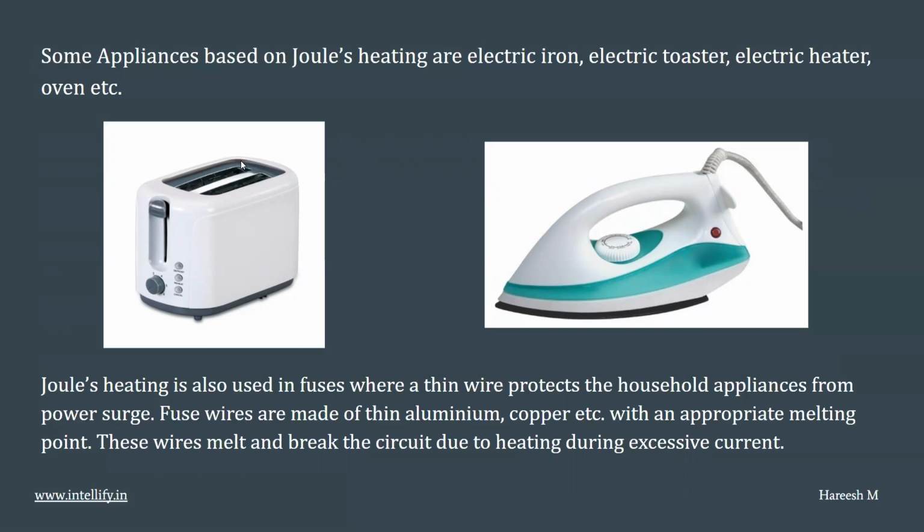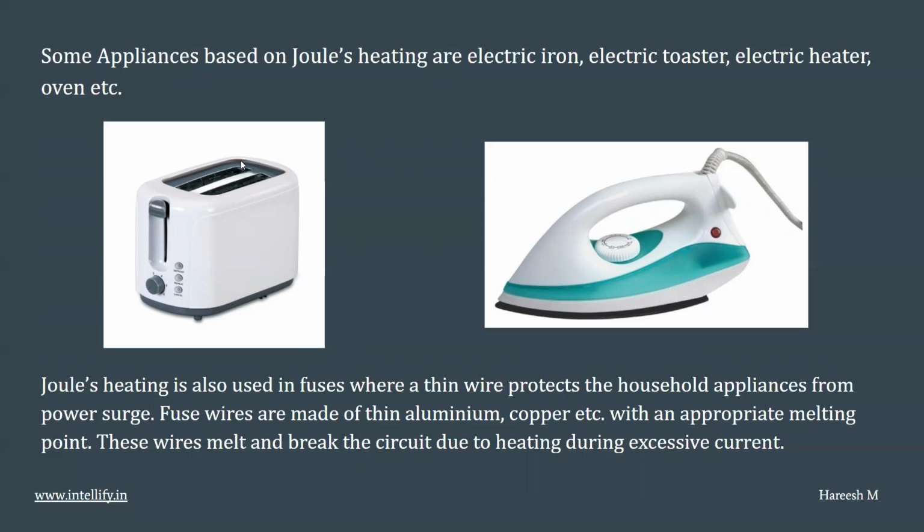When there is a higher amount of electric current in the wire than required, it will dissipate more heat, and due to this heat our fuse will start melting, and this will block the current inside the wire. So the current will not flow anymore, and your devices are saved. That is how you use a fuse.